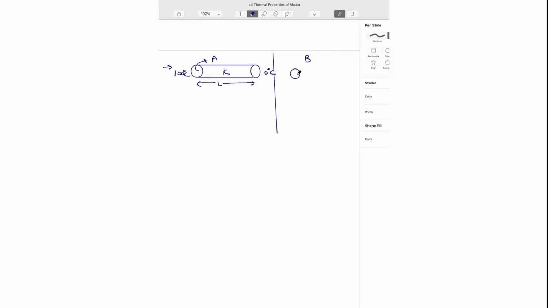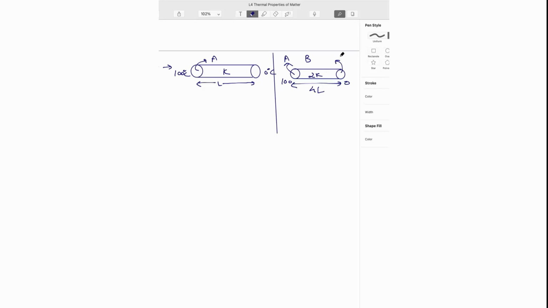So we have the similar system with same area. So we have another system having the same area. The temperature gradients are same, that is 100 and 0. Now length is 4L and thermal conductivity is 2K.